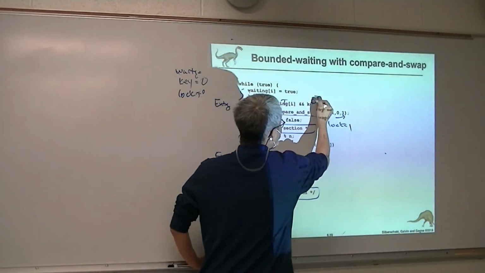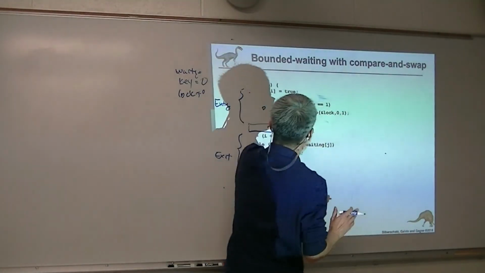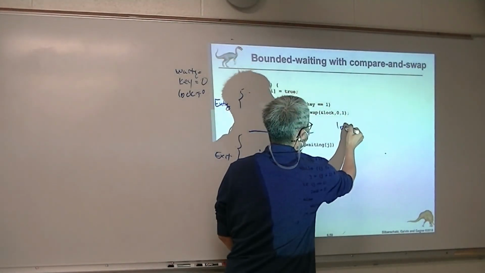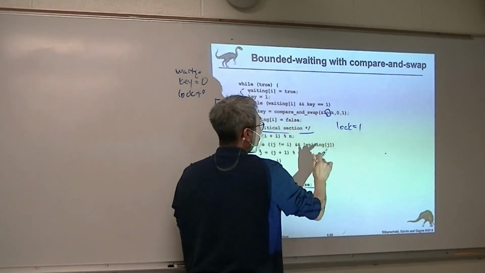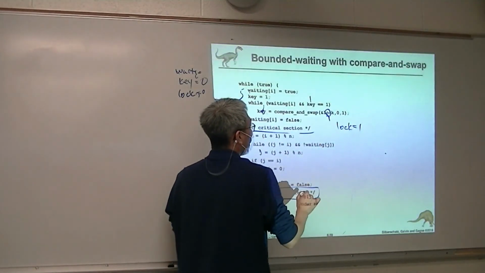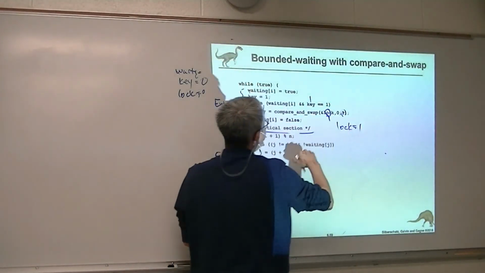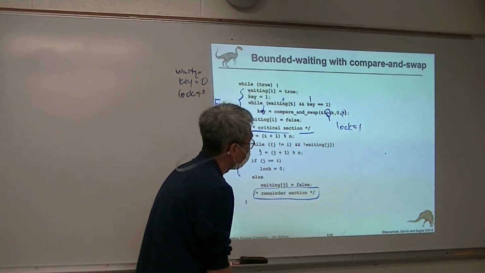So the 0 is false, and you can enter the critical section. If somebody uses the critical section, which means the lock is already 1, then the key is 1, so it's still 1. The new value is still 1. So it keeps waiting, and then you can enter the critical section.